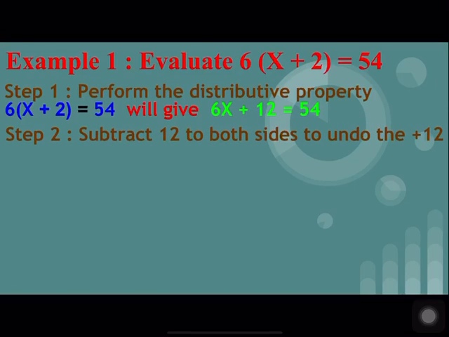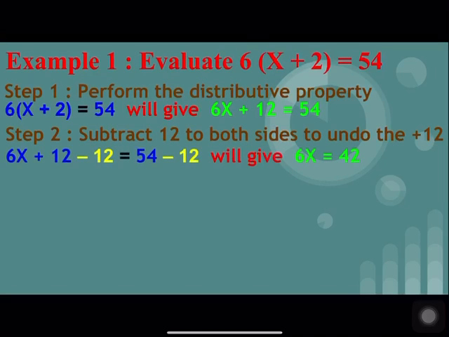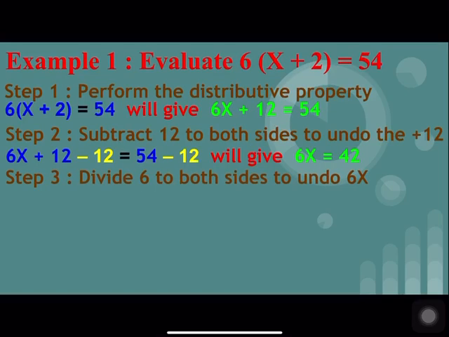Then we subtract 12 from both sides to undo the plus 12. In doing that, 6x plus 12 minus 12 will give us 6x because 12 minus 12 is 0. And 54 minus 12 will give us 42. The third step is to divide both sides by 6 to undo the 6x.